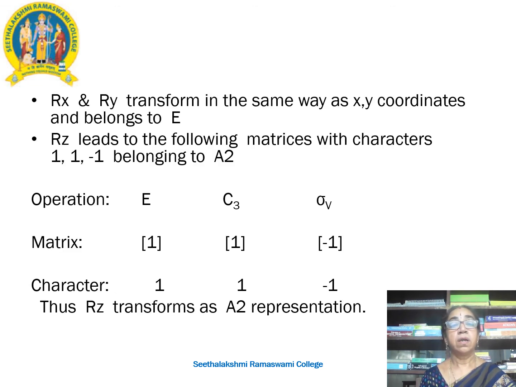Now, one more thing in section 3 is the transformations of Rx, Ry and Rz have to be evaluated. Rx and Ry transform in the same way as XY coordinates. So, they belong to the representation E. Rz leads to the matrices with the characters 1, 1 and -1. Thus, Rz transforms as A2 representation.